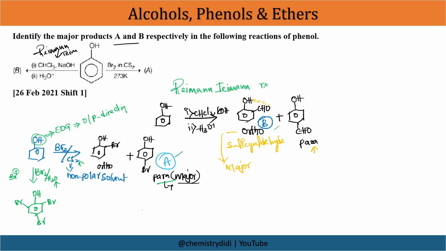I'm not saying to mug up, just see it daily, then you can have that idea. If they give phenol and this type of reagent, we'll get these products. That's how your mind works, right? So that's it.